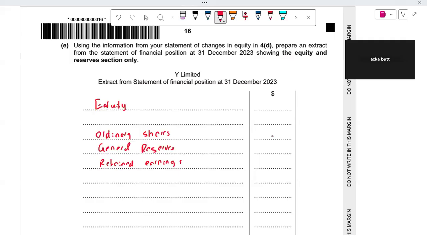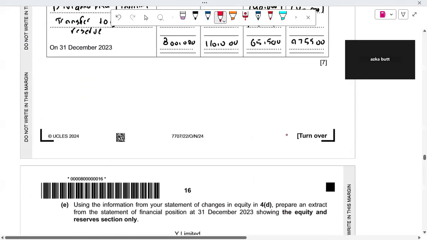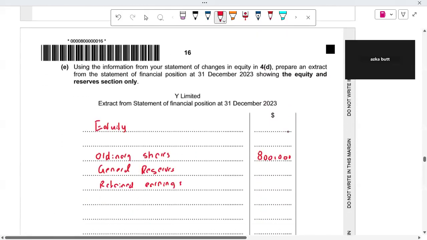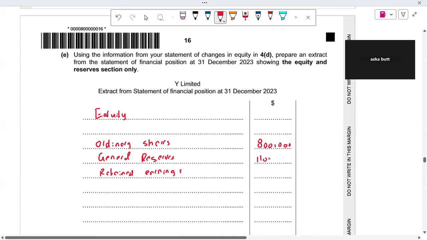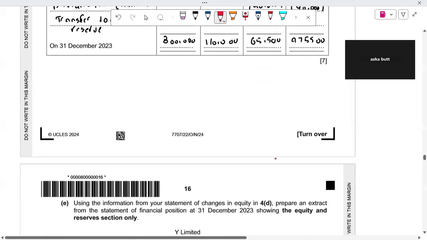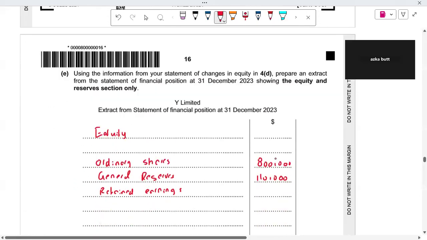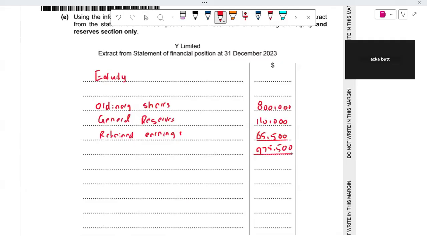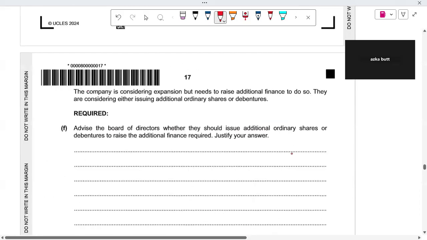So in ordinary shares, we have 800,000. In general reserves, we have 160,000, sorry, 110,000. And in retained earnings, we have 65,500. So in total, we have the equity, which is 975,500. So we completed the extract as well.